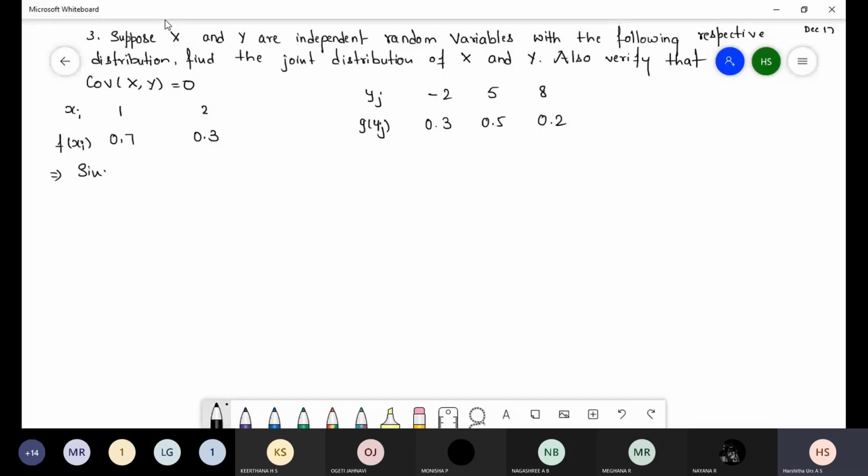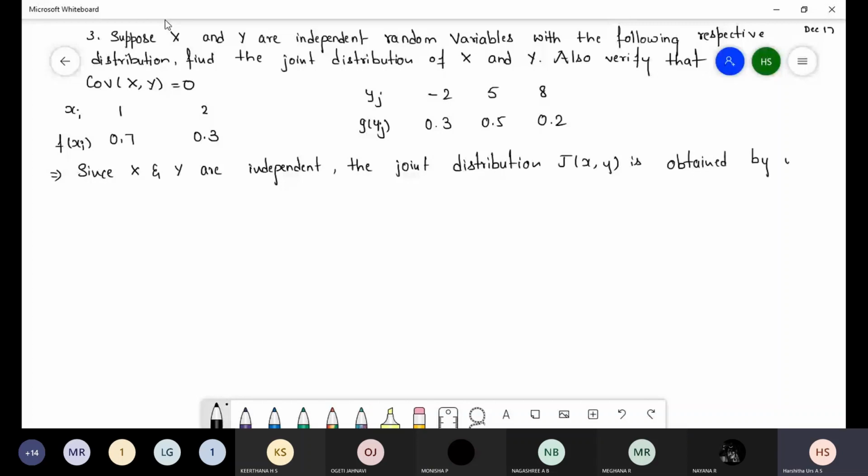Since x and y are independent, the joint distribution j of x comma y is obtained by using the definition f of xi into g of yj is equal to jij.